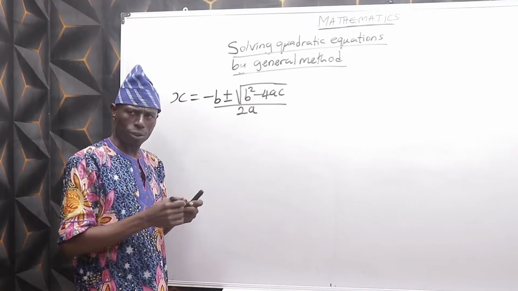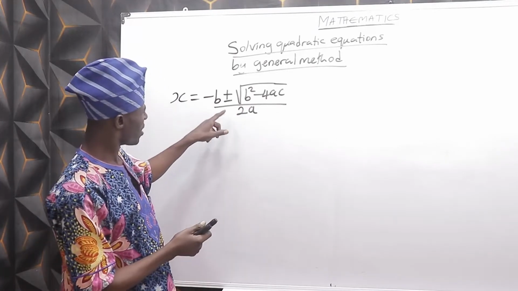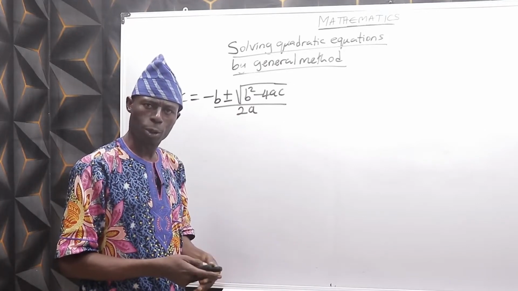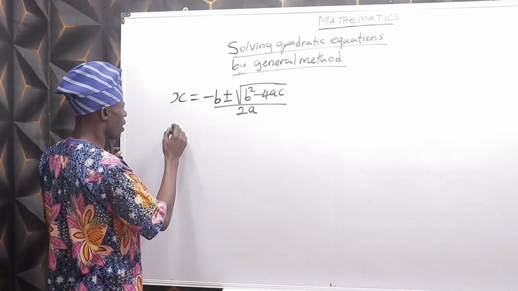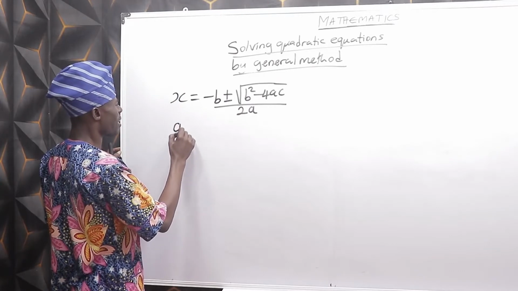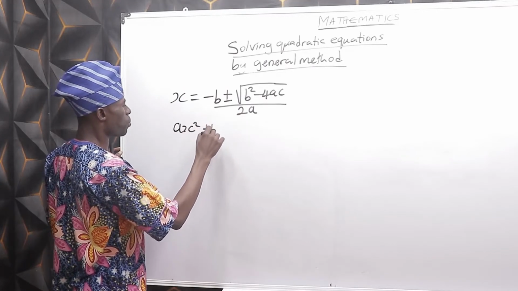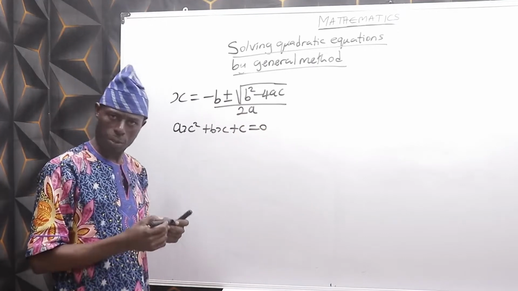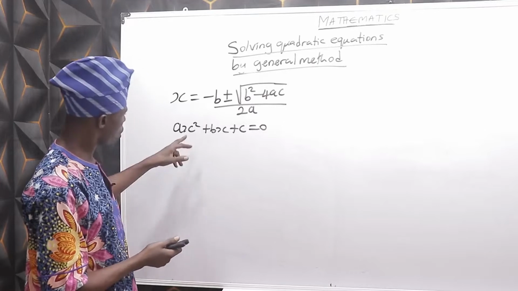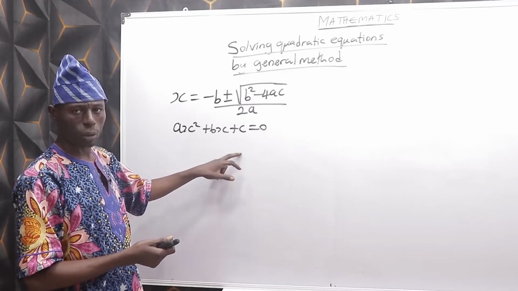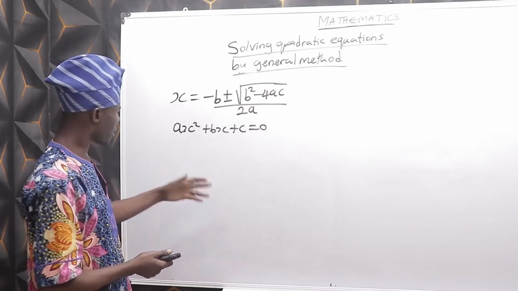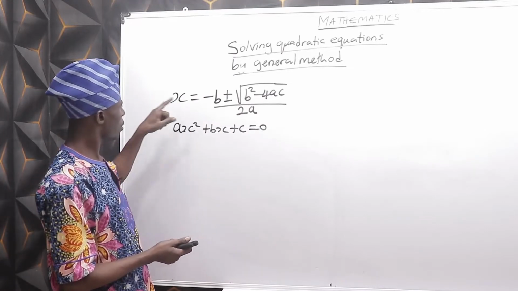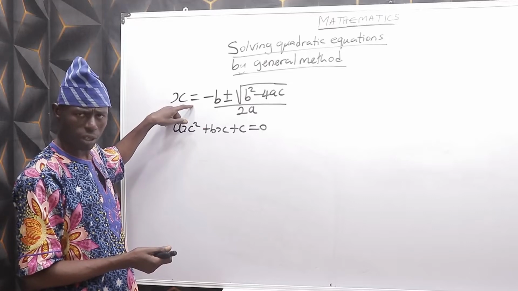If you take notes, you can see that this is what we derived by the completing the square method when we evaluated ax squared plus bx plus c equals 0. Can you remember? By the time we solved for x in this purely algebraic equation, our final answer was this. Can you recollect?